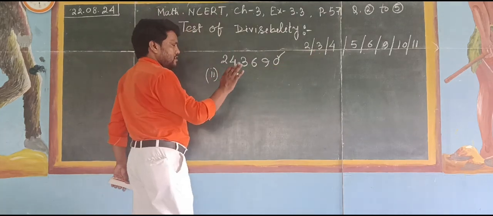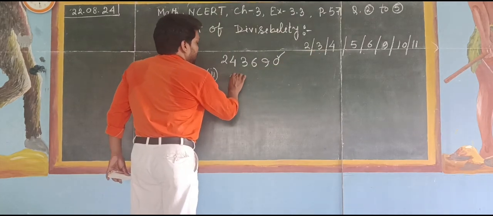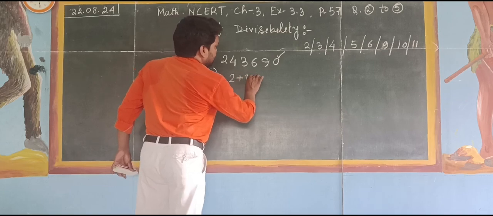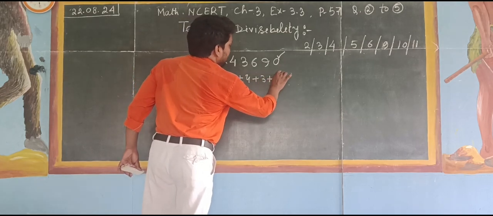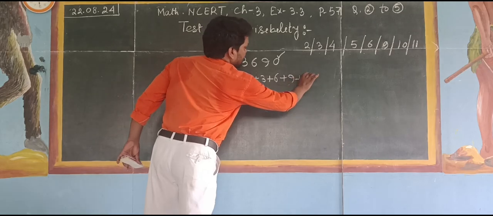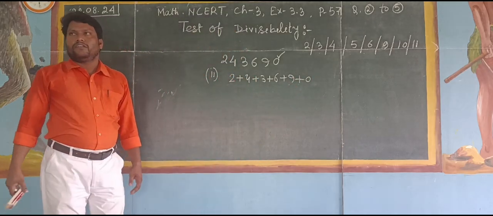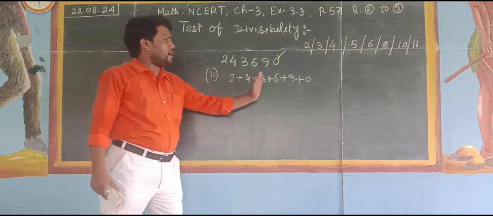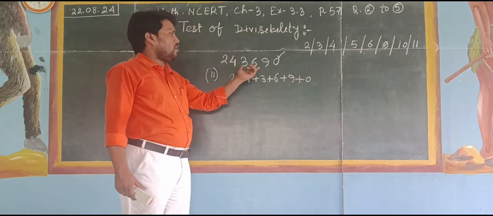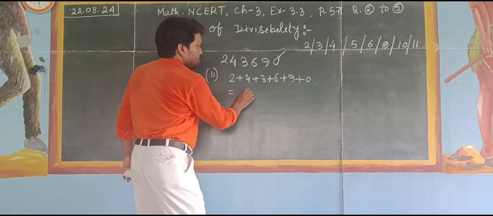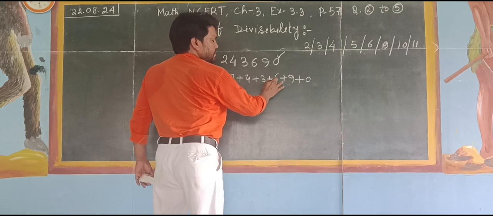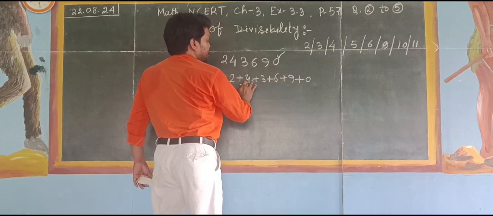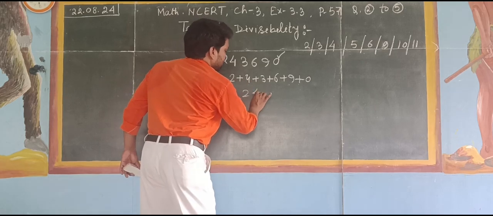At first, find the sum of the digits. Find the sum of all the digits of the number. 2 plus 4 is 6, plus 3 is 9, plus 6 is 15, plus 9 is 24, plus 0 is 24.